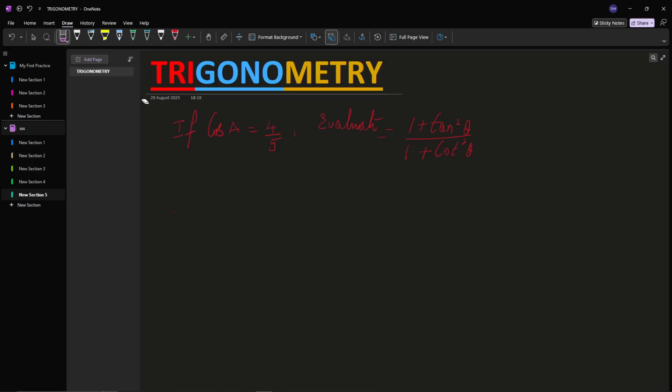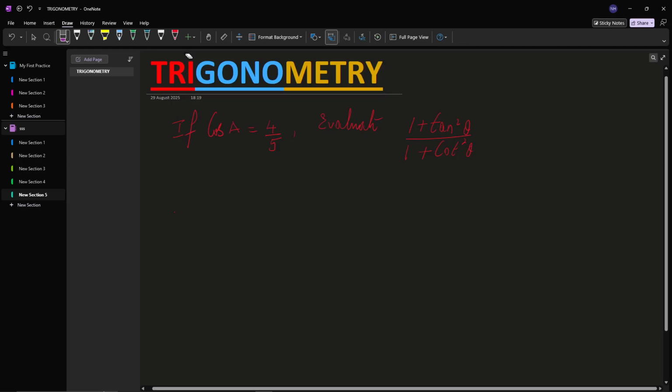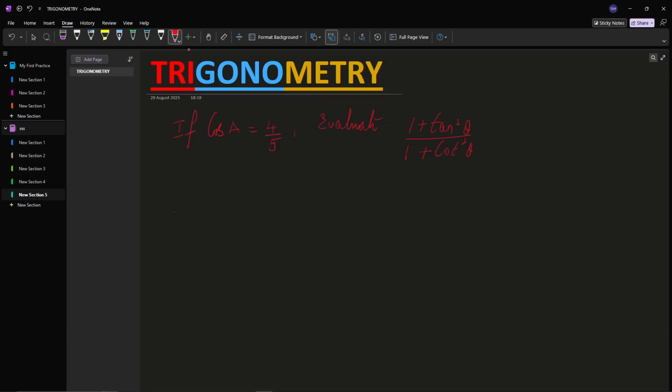That means I should be knowing the values of sin theta, tan theta and cot theta. Without knowing those values, you cannot solve these problems. Based on the condition which is given, it says cos A is equal to 4 by 5.